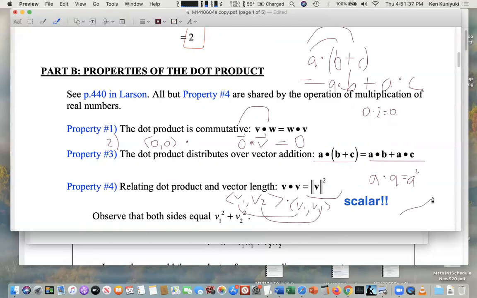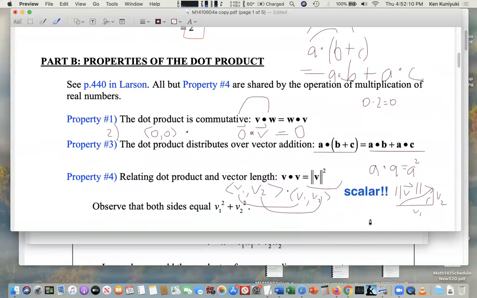In case you were wondering what I was doing, I was relating that to a right triangle where, if this is v1 and this is v2, the vector v1, v2 is this vector here, the vector v. So v1 squared plus v2 squared, the sum of the squares of the legs, gives us the square of the hypotenuse, the square of the length of v. So if you want to think of this as a length, we're talking about the length of v, the magnitude, or r. Both of these sides will equal the square of the hypotenuse.